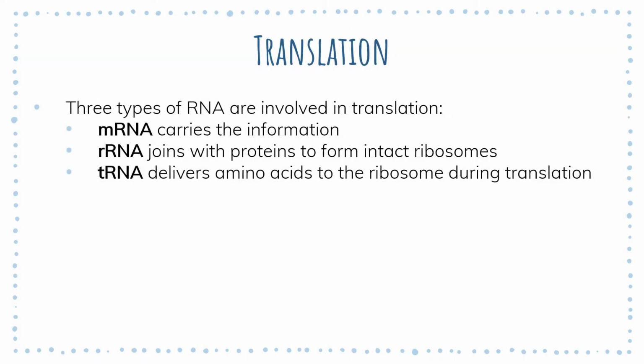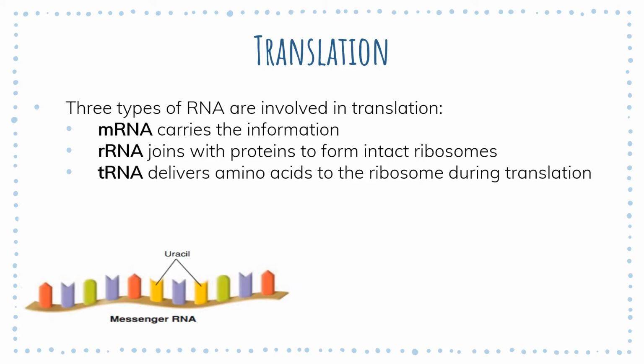Hopefully, you now understand how translation generally works. But what actually happens in our cell during translation? There are 3 RNA types that are used in the translation process. Number 1, your messenger RNA. Your messenger RNA produced during transcription carries the message encoded in the DNA.